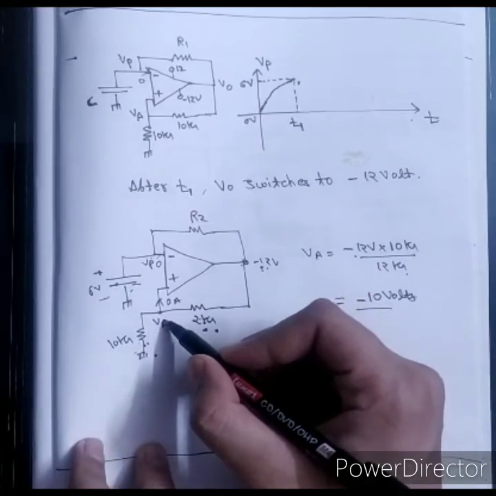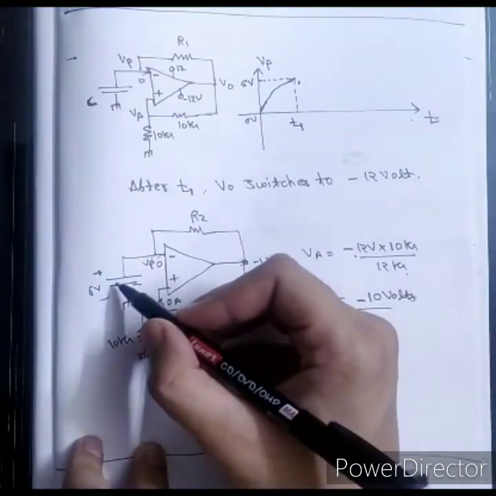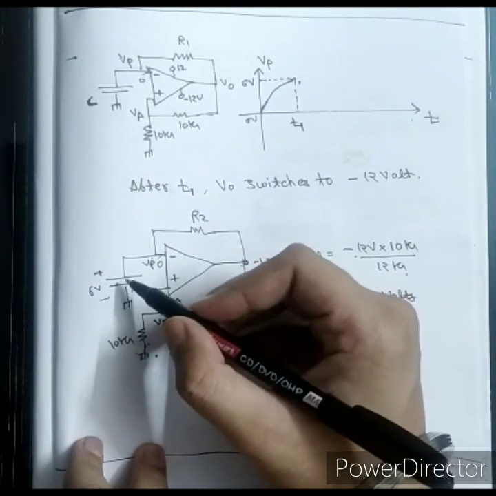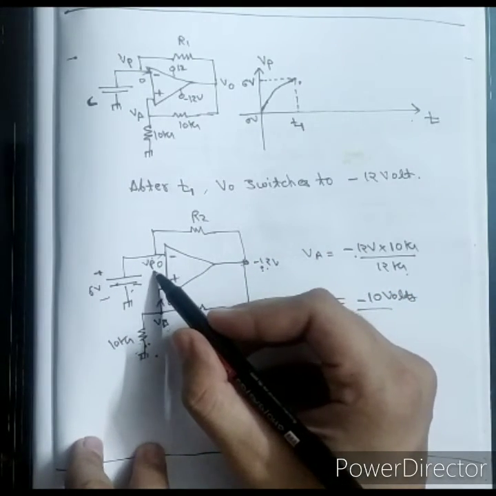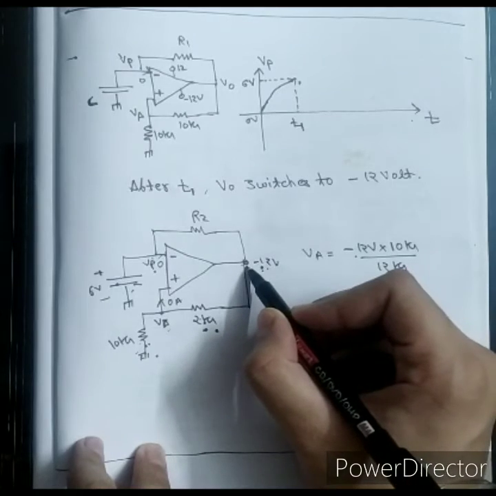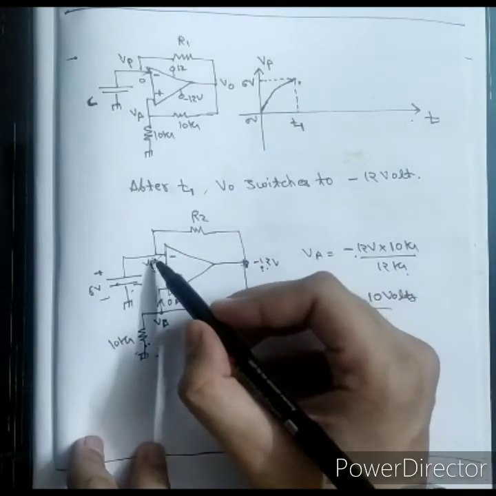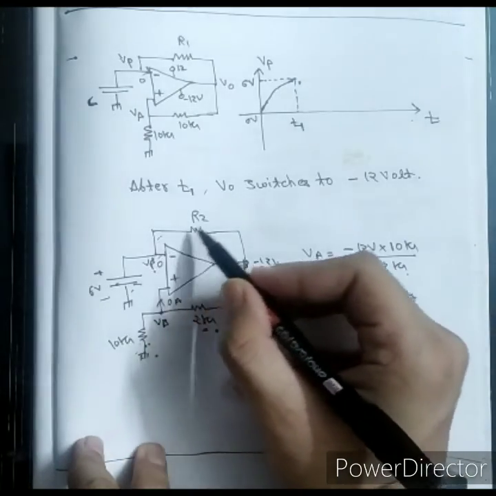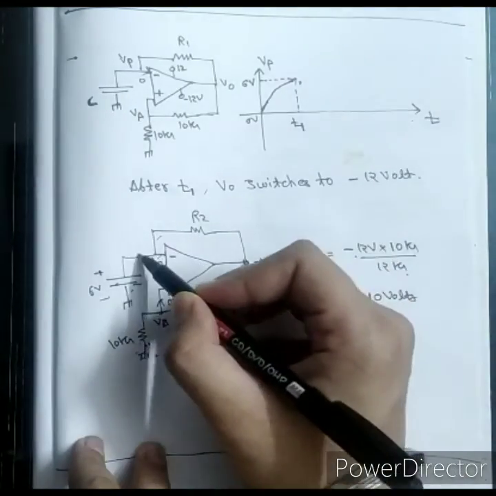Now this potential became minus 10 volt, and after T1, this capacitor will get charged up to 6 volt. So this VP is 6 volt and this potential is minus 12 volt. Now this is at higher potential and this is at lower potential. So current will start flowing in this direction.